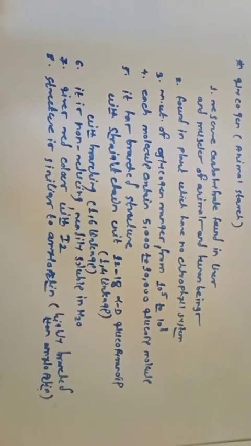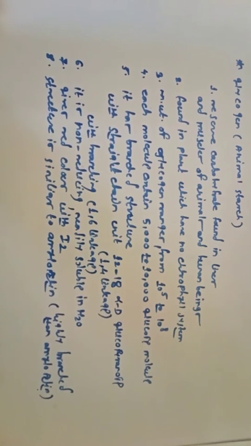We already discussed the difference between homo and heteropolysaccharides. Homopolysaccharides are the polysaccharides which on hydrolysis give a single type of monosaccharide molecule, and therefore they are considered homopolysaccharides. Heteropolysaccharides on hydrolysis give a mixture of different constituents and some derived products.